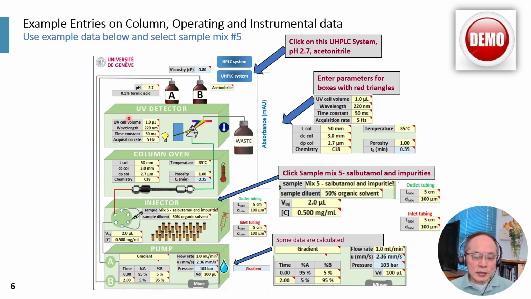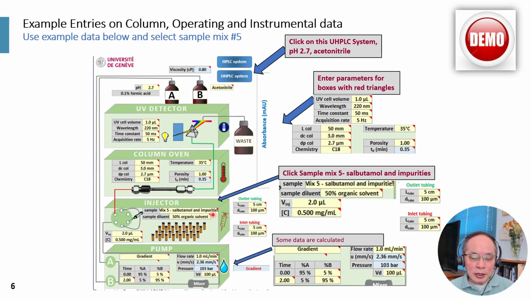And those are UV detection parameters, time constants, acquisition rate, column parameters, column, and also temperature, porosity. Some of these will be explained later on in the live demo. Also in the injector or sample segment, the injection volume and the concentration of the sample.